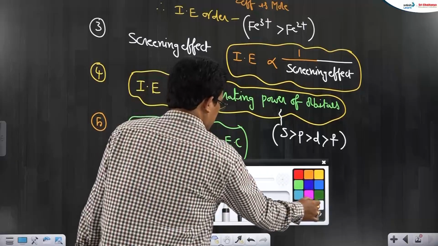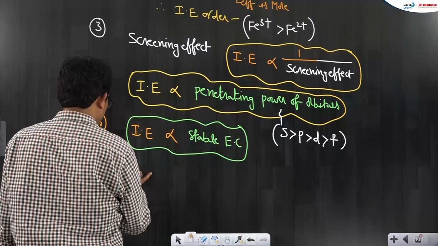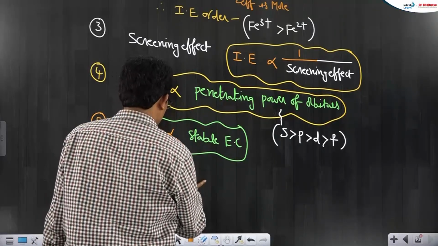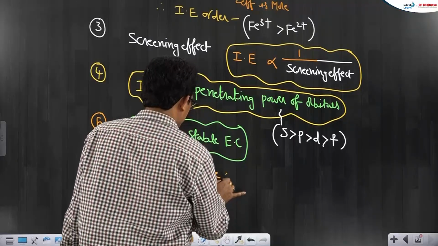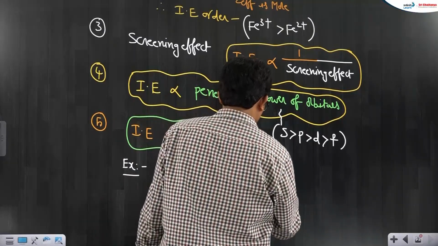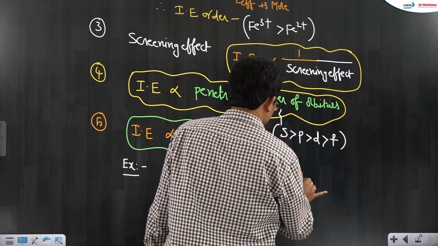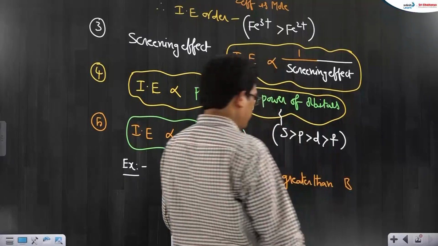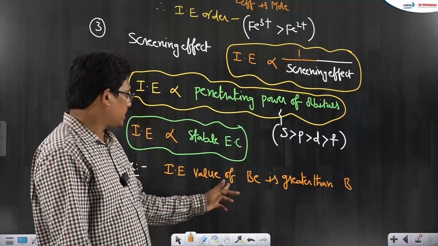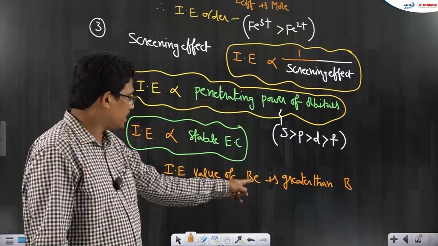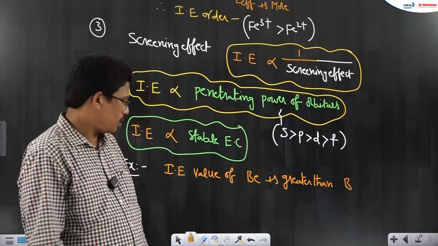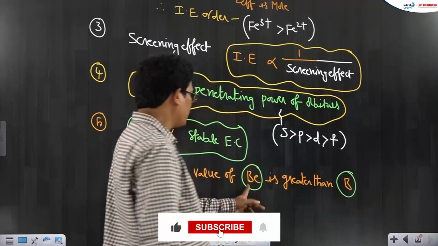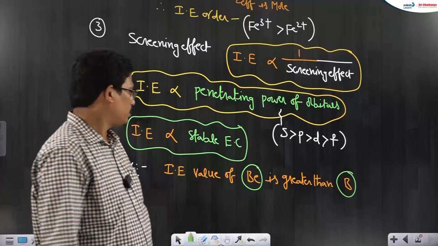For example, ionization energy value of beryllium is greater than boron. In second period, if you observe second period elements, ionization energy value of beryllium is greater than boron. The reason is the electronic configuration.